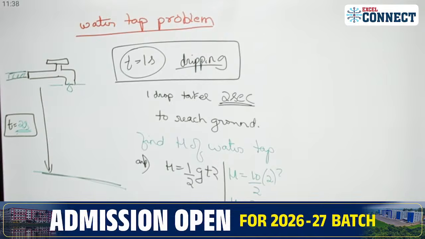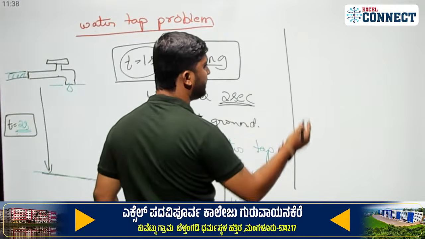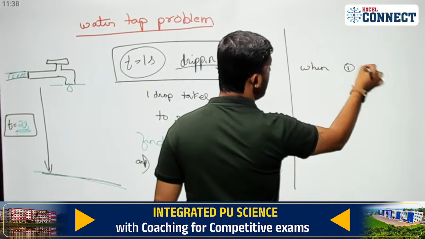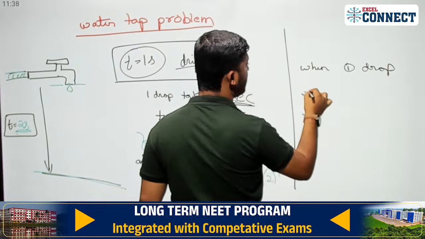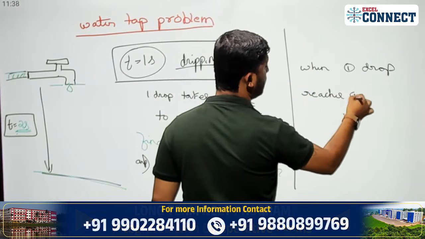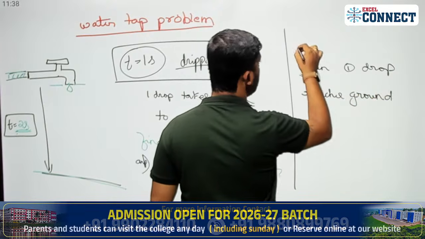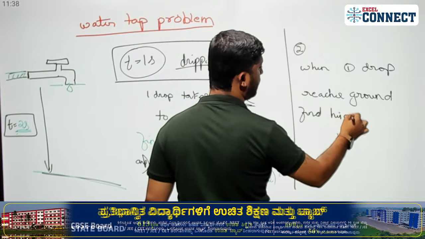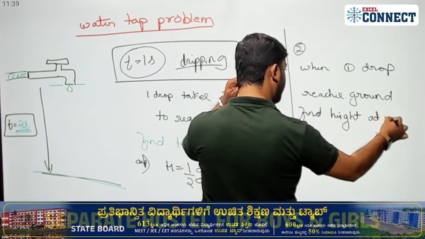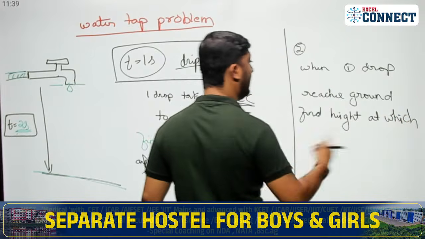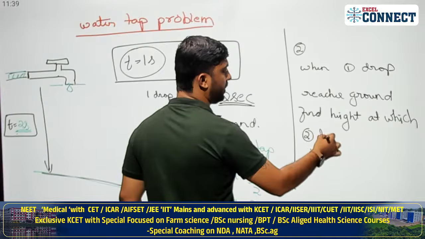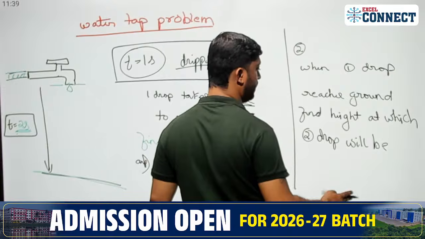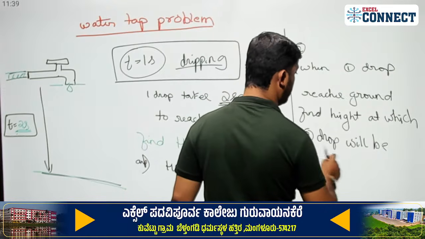Now in this second question, when the first drop reaches the ground, find the height at which the second drop will be present.